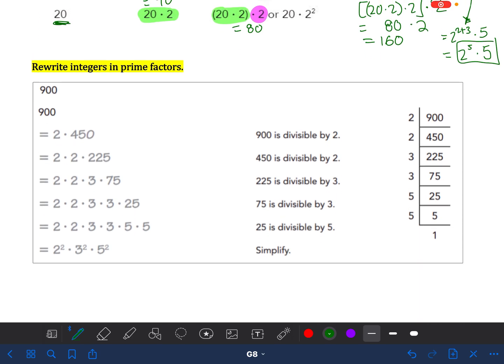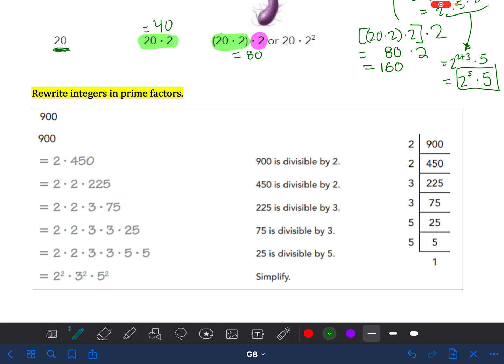Okay, so we just did that there. I just wanted to point out that you can rewrite integers as prime factors. Some of you guys might recall the prime factor tree. Some of you have learned it like this, but I learned it this way here.